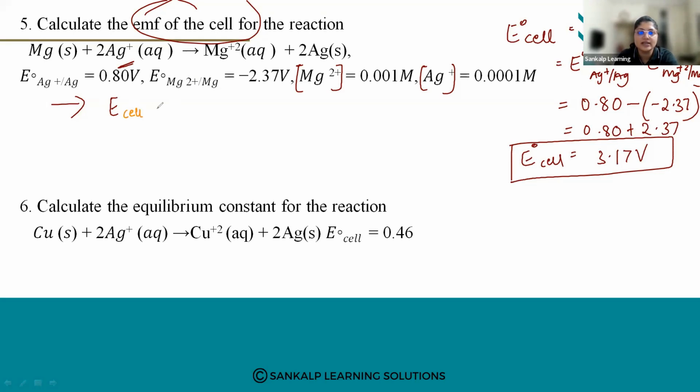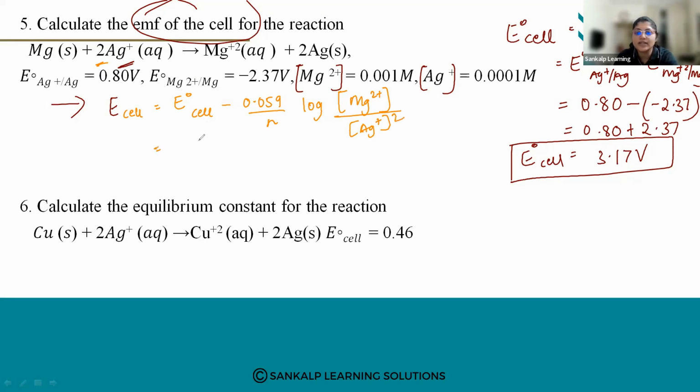So what is E cell? E cell is E naught of cell minus 0.059 divided by n, log of Mg2+ divided by Ag+ squared. Sorry, the 2 is there, so it is raised to 2.